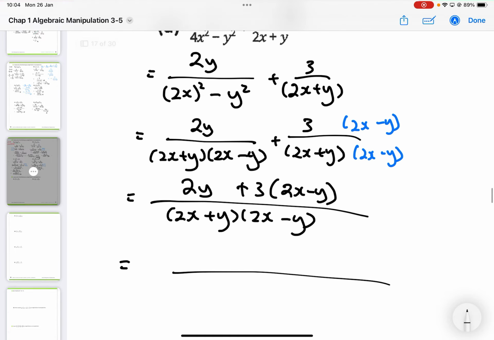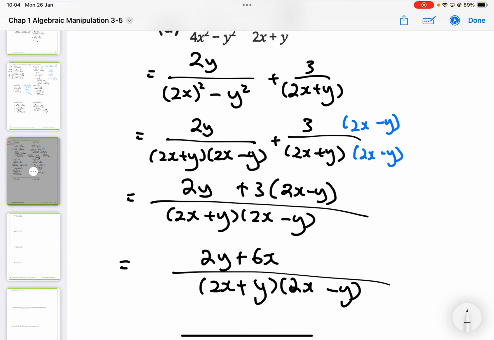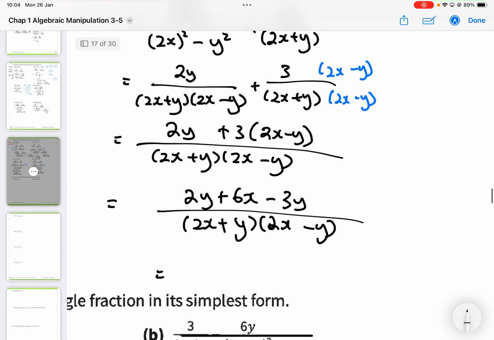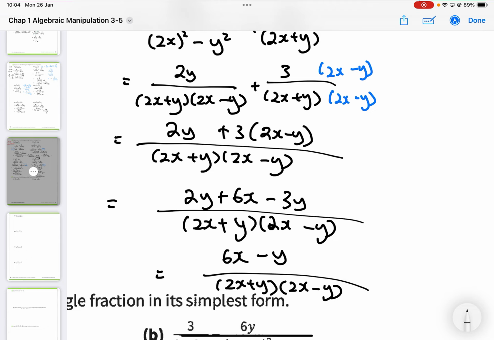This time everything is plus, so, more easy. 2y plus 6x, 2y minus 3y. 6x minus y. Answer.